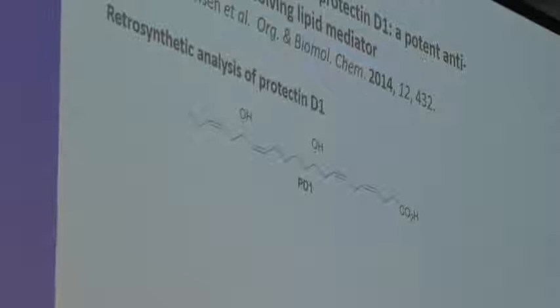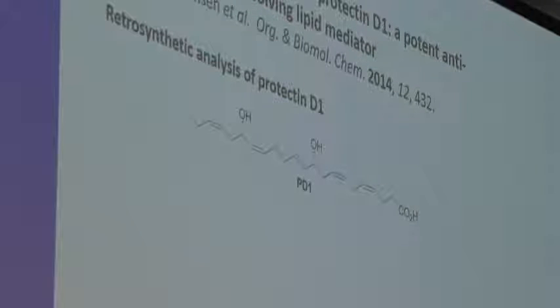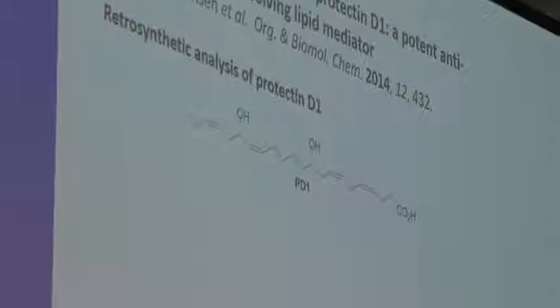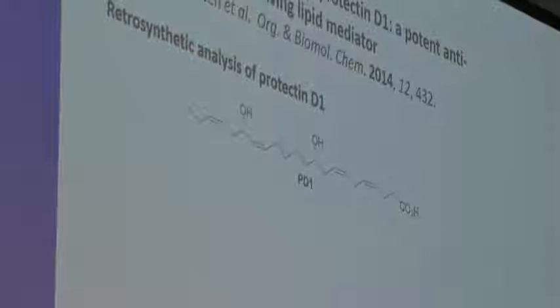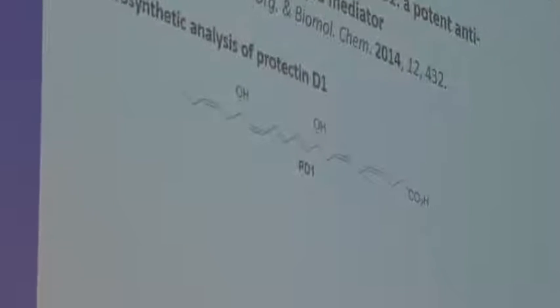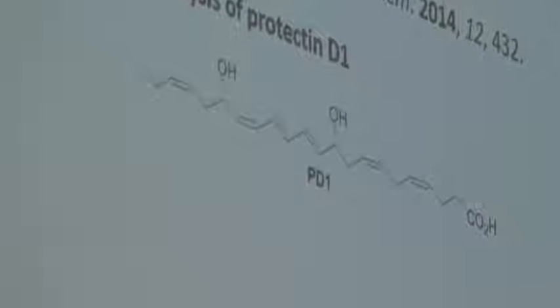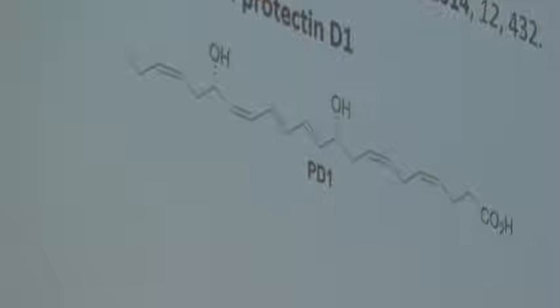PD1 contains a pair of chiral secondary alcohols, here and here, which are allylic or homoallylic, unlikely to be labile and prone to dehydration either here, here, and here, making the conjugated olefin.